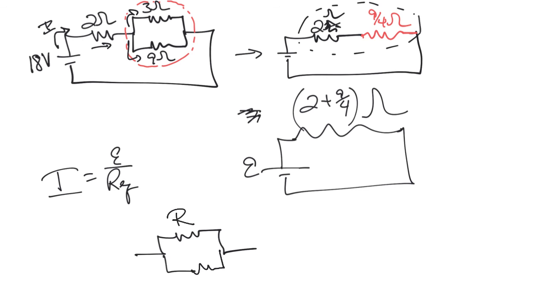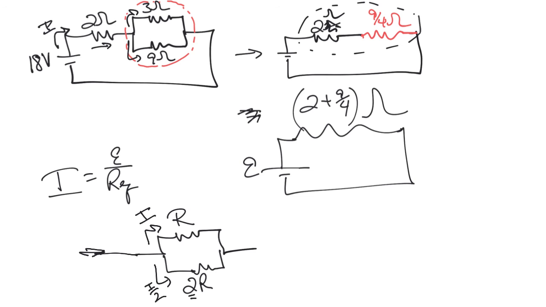So just to make that super clear, if this is R and this is 2R, then the currents that go through here, if this is a current I, then this will be I over 2. Okay, so half the current will go through the 2R than through the R. And then what's this total current that's coming in here?